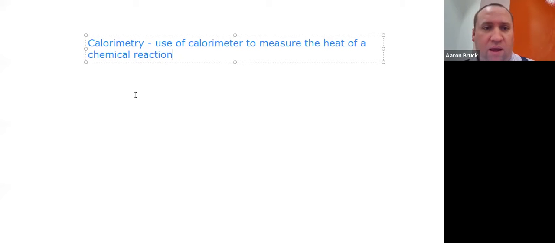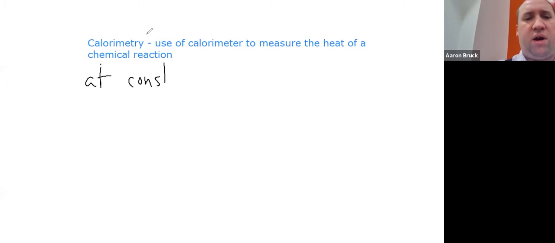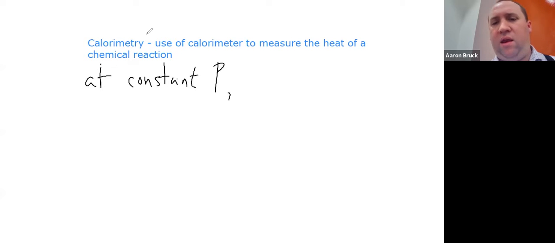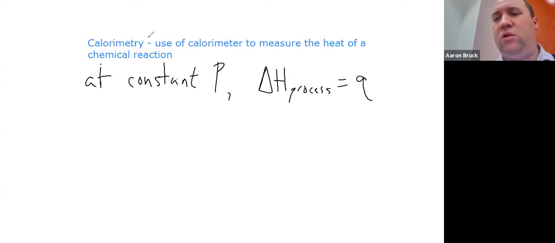Now, in calorimetry, what we are going off of as a concept is that if we are at constant pressure, then the value of delta H, the heat of reaction, or rather the delta H for the process, is equal to the Q at that controlled pressure condition.